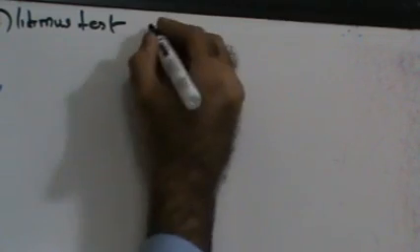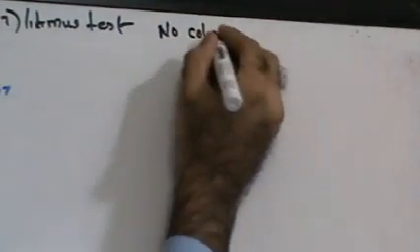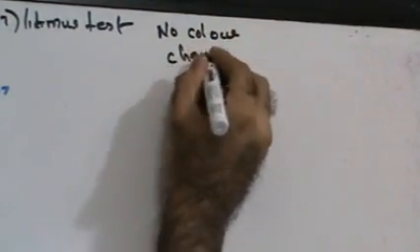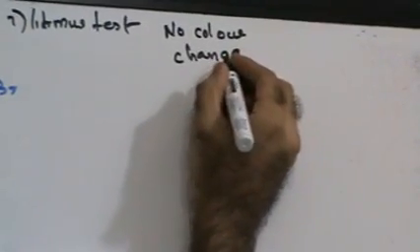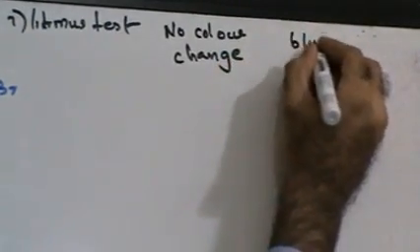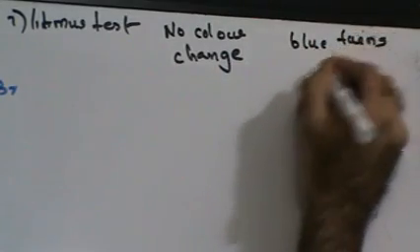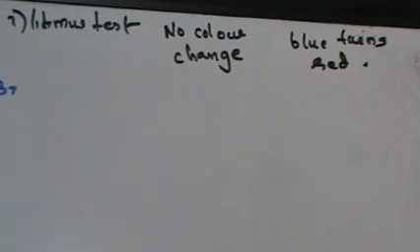Alcohols are neutral to litmus, no color change. Since phenol is acidic, blue turns red. Now that's how you distinguish between alcohols and phenols.